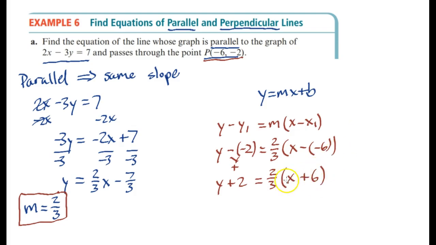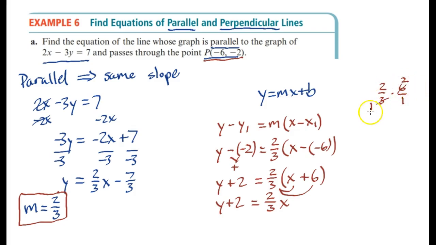Now we want to distribute the 2/3 through the parentheses. So we have y plus 2 equals 2/3 x, and then 2/3 times 6. We'll do that over on the side here. 2/3 times 6 over 1, and we can reduce to this.